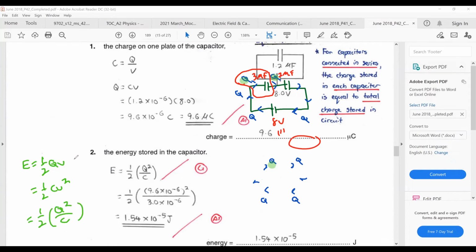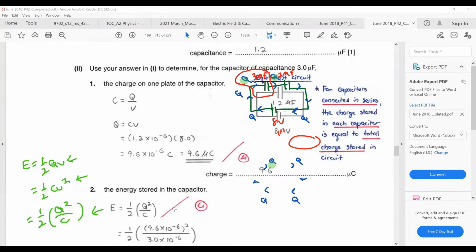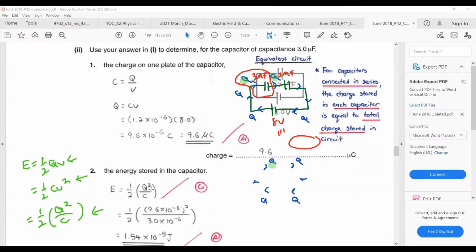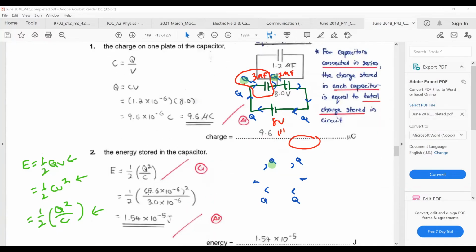Which one you want to use depends on the information you have been given in your question. You already know the capacitance of your 3 microfarad capacitor, and you already know the charge stored in it. So you can use half Q squared over C.